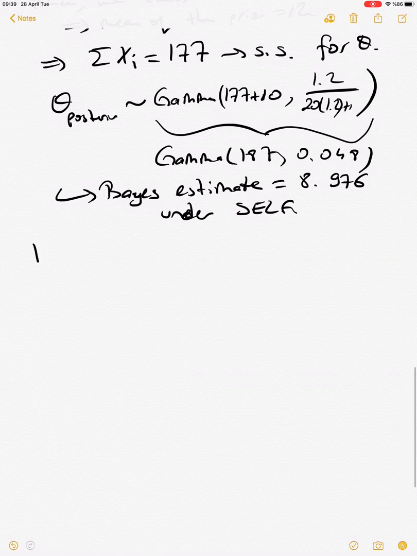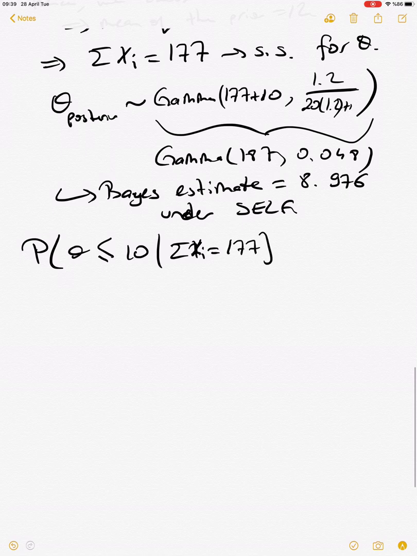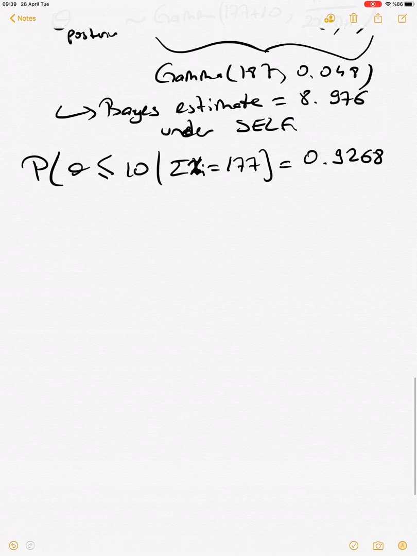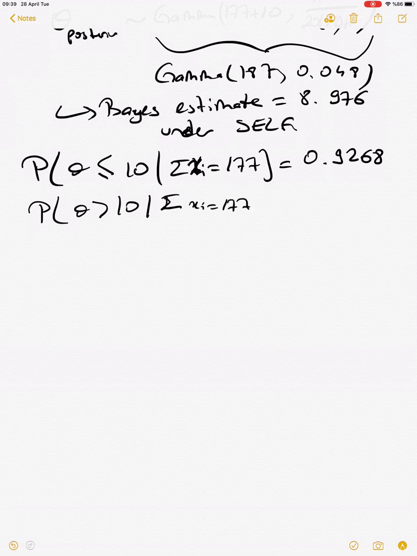Then we calculate the probability that theta is less than or equal to 10, given that the summation xi equals 177. You can use chi-square tables to get that, or you can just use R or even Excel. For the reverse probability, you don't have to calculate that, just subtract the previous value from 1.